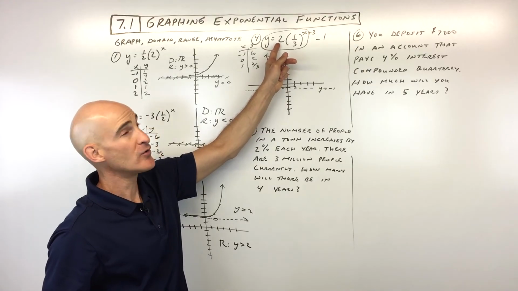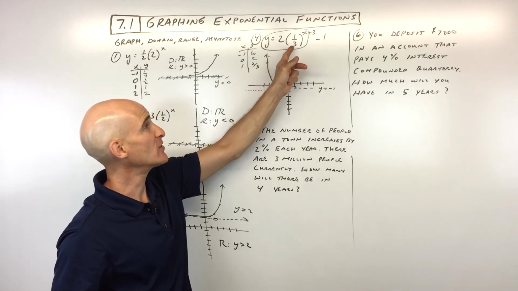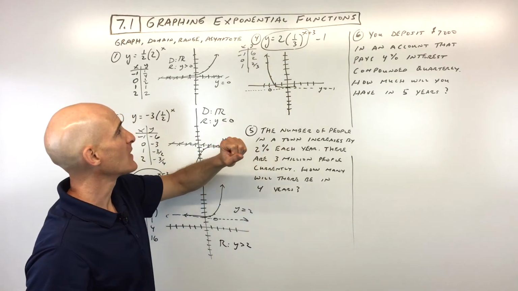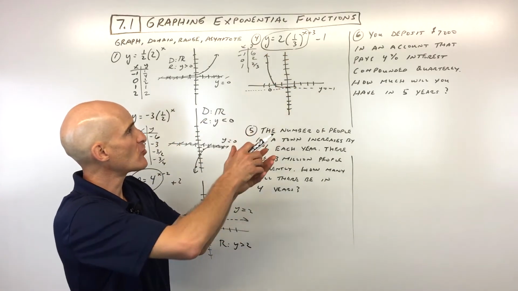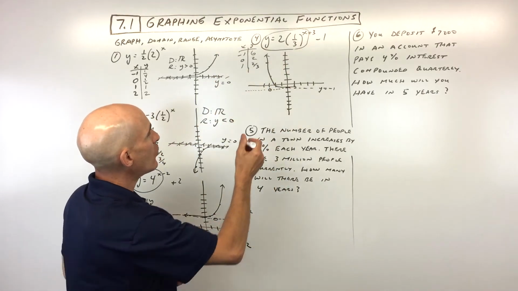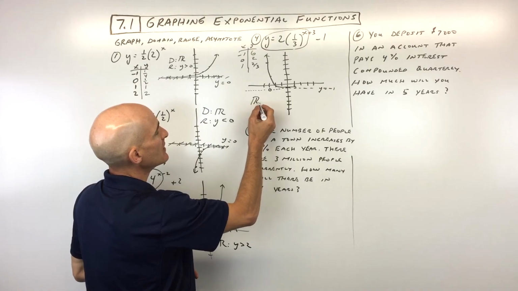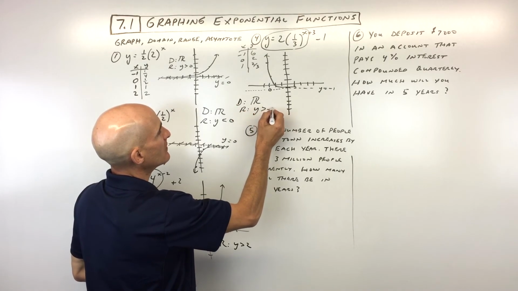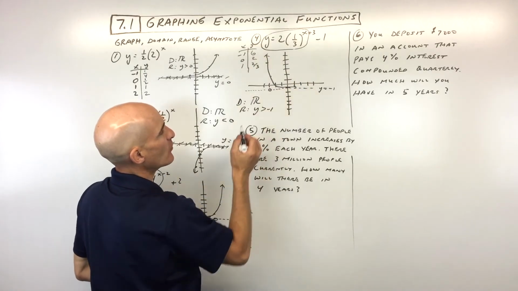They see the 2 and they think, oh, this is growth because the 2 is greater than 1. But you're interested in the base, whether it's between 0 and 1 or greater than 1. So definitely a decay. The 2 is stretching it. Okay, and then the 3 and the -1 are shifting it. So the domain is all reals, like all the other ones, but the range, the y values, are going to be greater than -1. See, above this line, y equals -1.